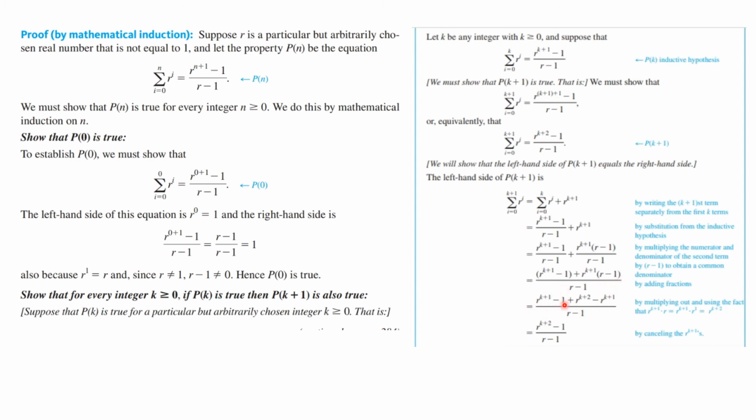But then this term will cancel with that term, and I have r to the k plus 2 minus 1 all over r minus 1, which is exactly this, and that's the same thing as this. So you see we have completed this proof by mathematical induction. We showed that P of 0 was true, and we showed that if we assume our inductive hypothesis, then P of k plus 1 is true.